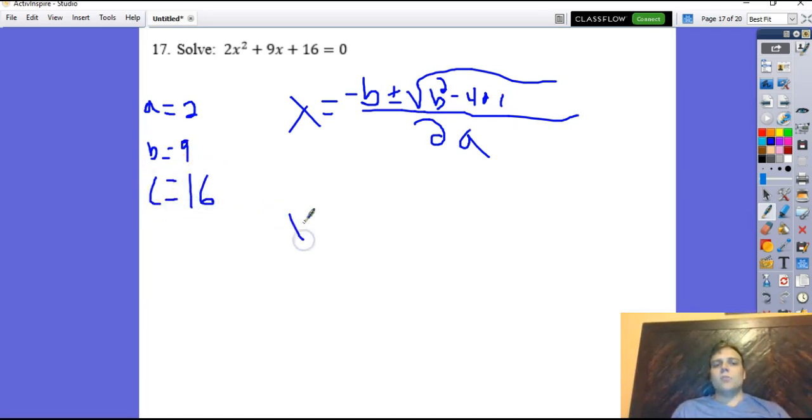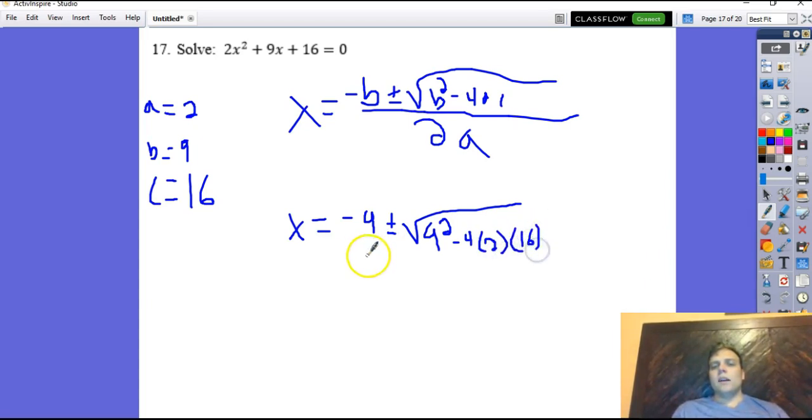So first thing I do is I just plug in those numbers. So I'm going to get negative b, so negative 9, plus or minus the square root of b squared, so that's going to be 9 squared, minus 4 times a, which is 2, times c, which is 16, all divided by 2a, which is also 2.